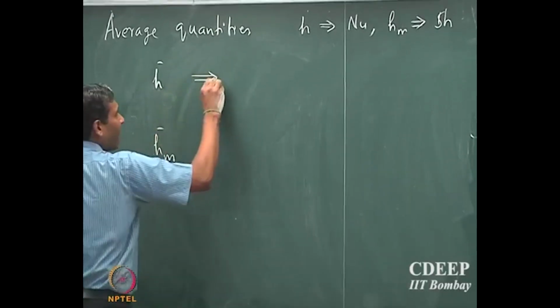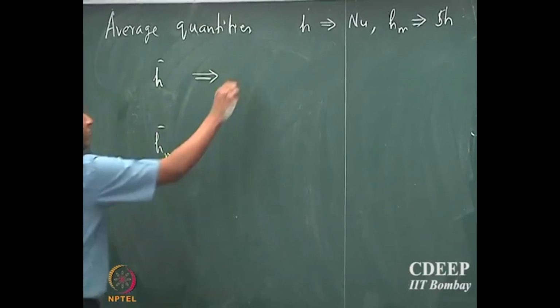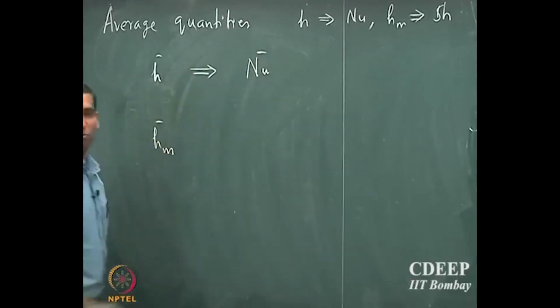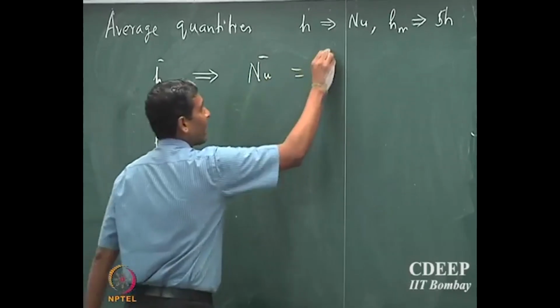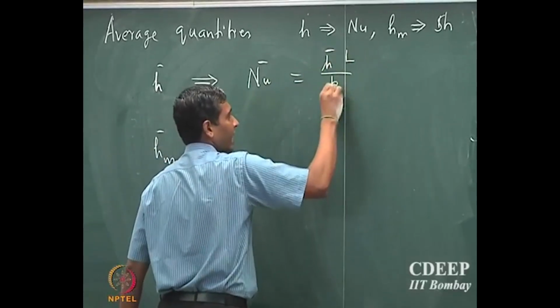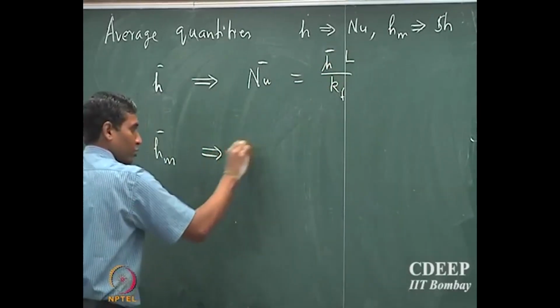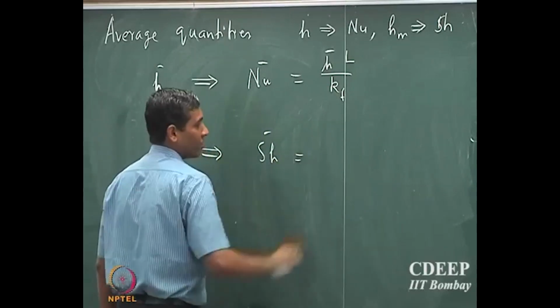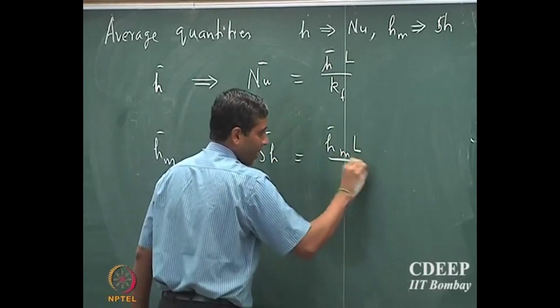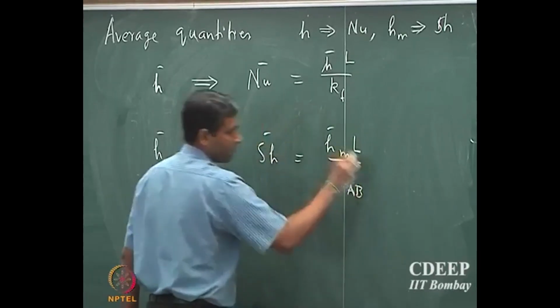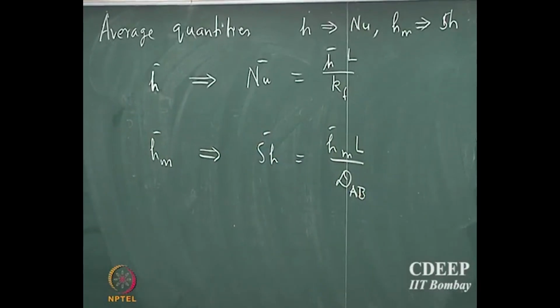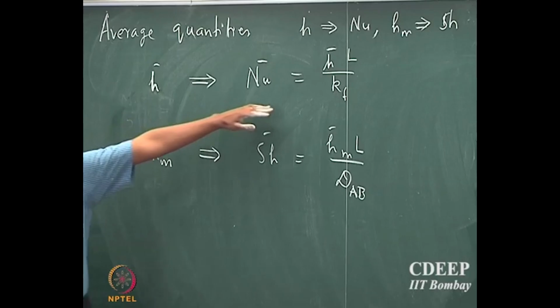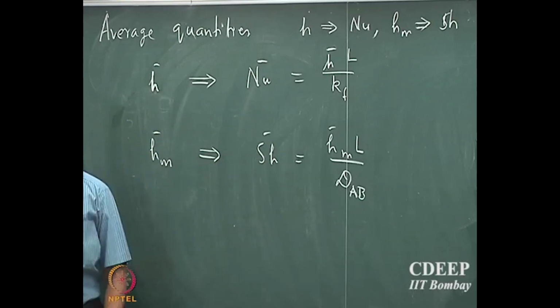If you want to find average heat transport coefficient, then you need to know the average Nusselt number, and that's given by H bar L by Kf, and similarly you will require the average Sherwood number, which is average mass transport coefficient multiplied by L divided by the corresponding diffusivity. So that's what you will have to find. For all the different geometries that you will discuss in the next several lectures, the ultimate goal is to find this average Nusselt number and average Sherwood number.